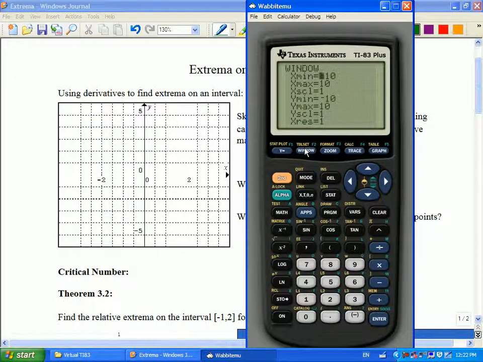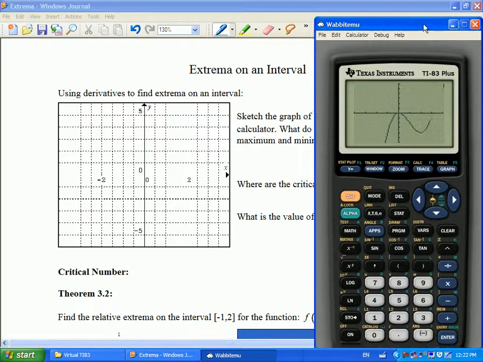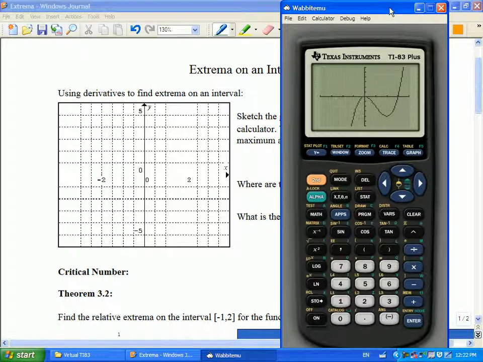So that'll be a window that goes from, I guess, -4 to +4, and probably -6 to +6. Okay, so there's a rough sketch, and I'll transfer it onto our page here.